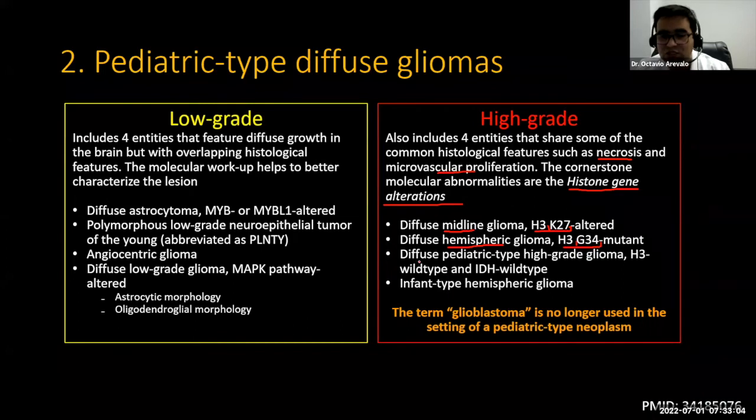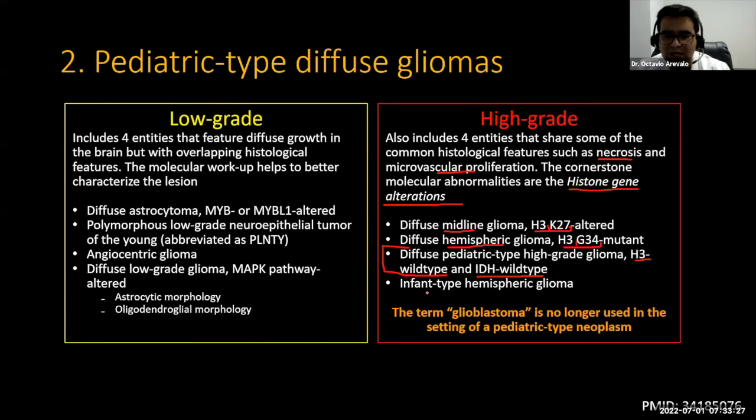There is another one, which is the diffuse pediatric type high-grade glioma, H3 wild type. What wild type means is that H3 normal and IDH normal as well. So this is the one that used to be called pediatric glioblastoma. So this is another of the changes.